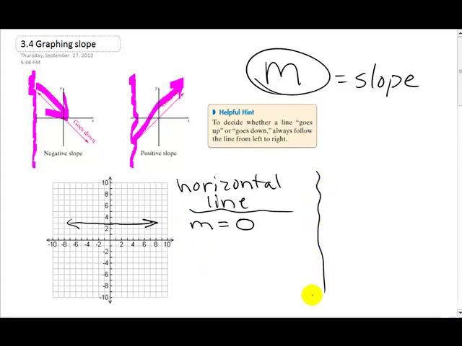Then, if we look at a vertical line, the slope is undefined.